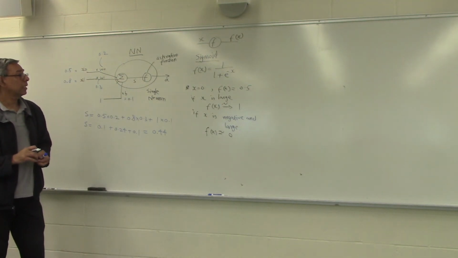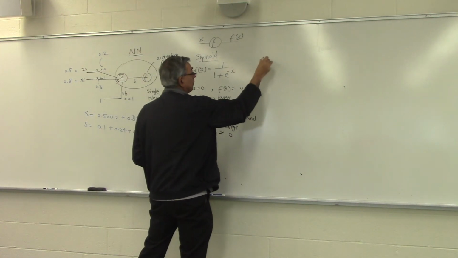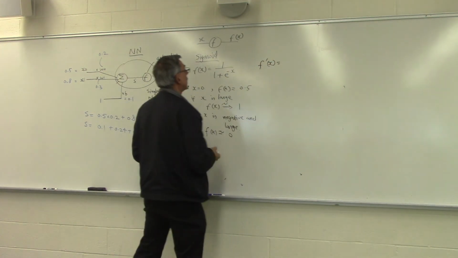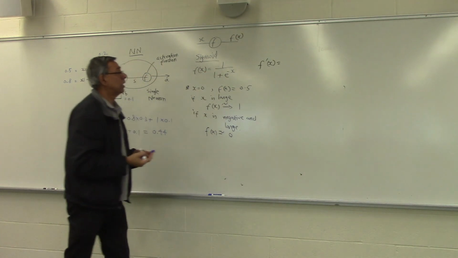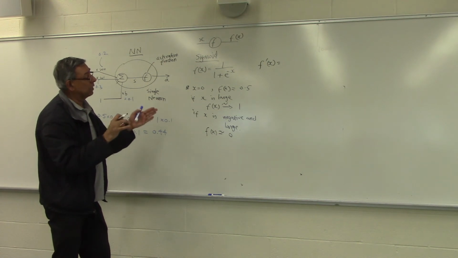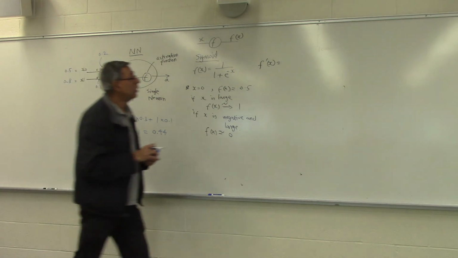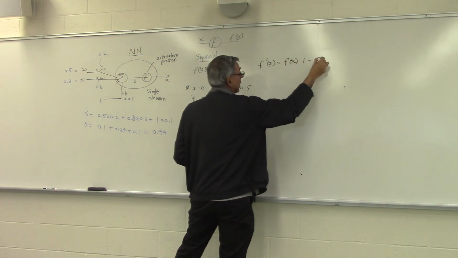Another thing to remember: if we take the derivative of f(x), and you can use the u over v type of formula, and simplify it, what you will notice is that it comes out to be f(x) times 1 minus f(x).